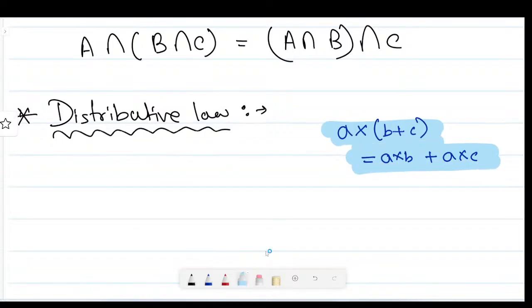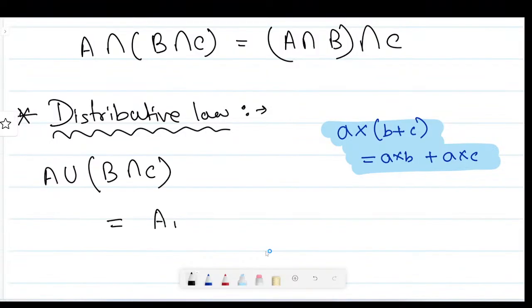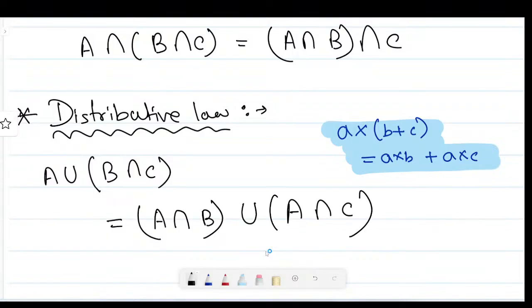Here it is also the same case, like A union B intersection C, and that will be A union B intersection A union C.